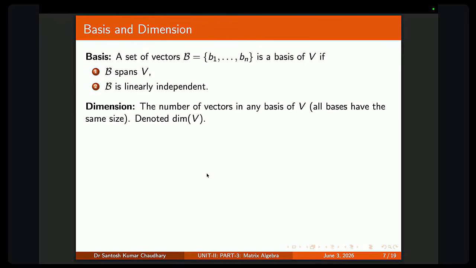Then there is a term basis. So what is the definition of basis of a vector space? A set of vectors.